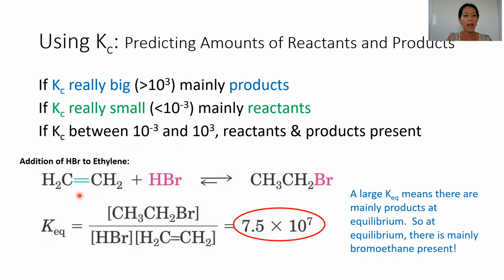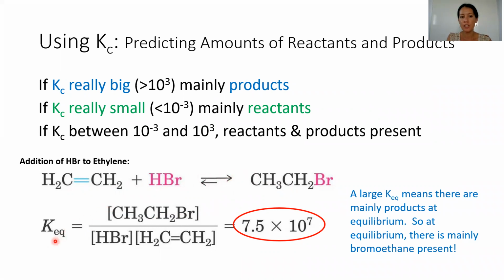So we already looked at adding HBr to an alkene. If I just put any mixture of any of these products and reactants together, these can go in between and an equilibrium is established.